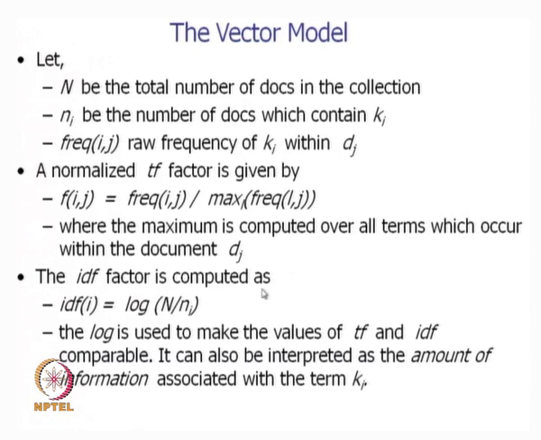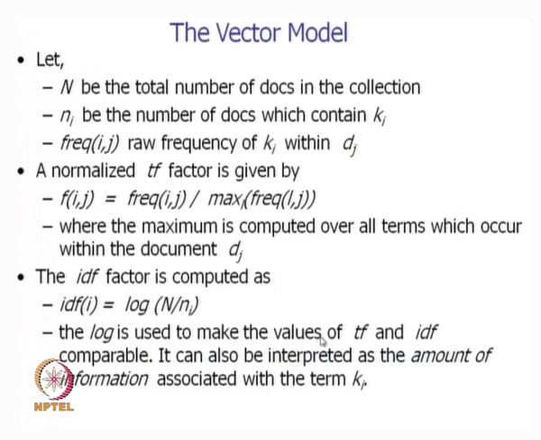The IDF factor is computed as IDF i equal to log of capital N divided by ni. So, ni we remember is the number of documents which contain the keyword ki, and capital N is the total number of documents in the collection. So, N by small ni is the inverse of the proportion of the documents which contain the keyword ki.